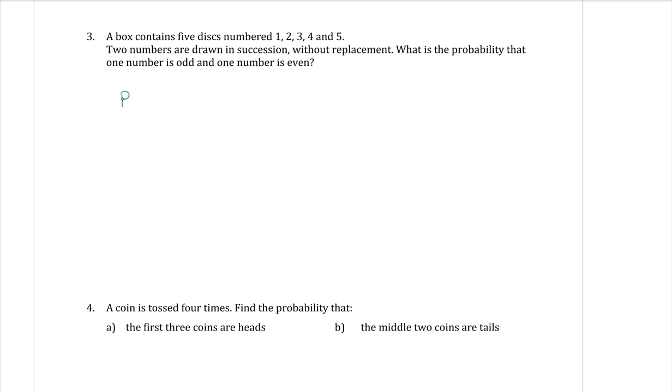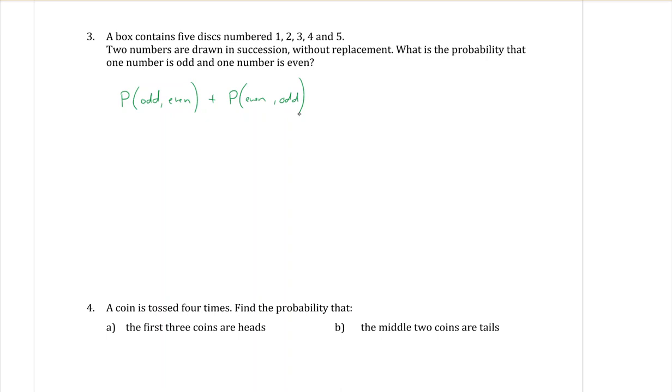I'm meaning the order of the odd and the even is not important. So the probabilities that I'm after is actually probability of odd then even plus the probability of even then odd. Okay, we just know we need 1 odd and 1 even, but it didn't tell me the order that they had to be in. Okay, so let's work out those probabilities.